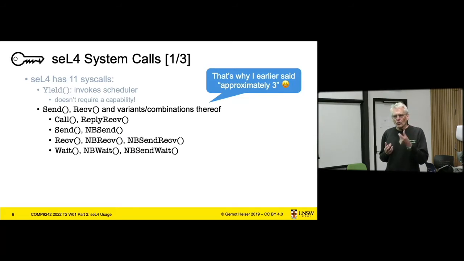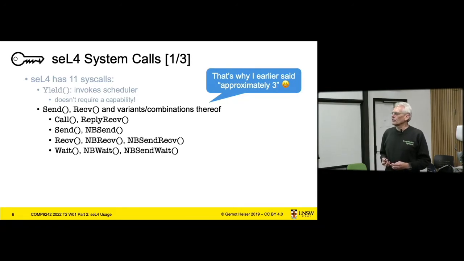Whereas the non-blocking version of that one will only succeed if there's a receiver already waiting on that endpoint. Otherwise, it just drops a message on the floor. So send will block the caller until the receiver is ready to receive, whereas NB send will just drop the message if there's no receiver, so it will never block.